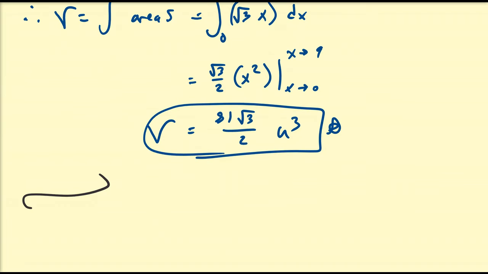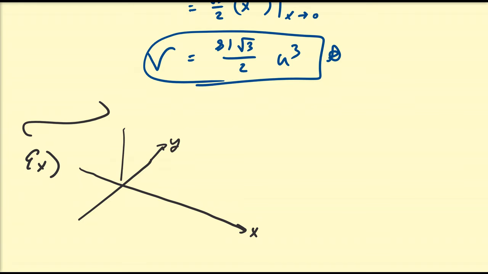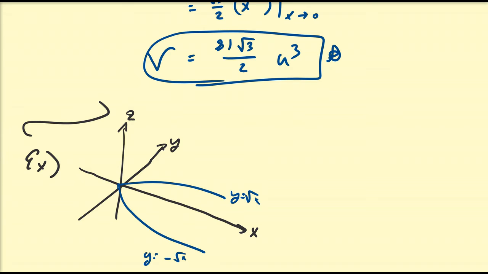So let's consider the same exact type of shape. Let this be the x-axis, let this be the y-axis, let this be the z-axis. Let's consider the same exact curve, so y is equal to the square root of x, and its mirror image, negative square root of x. And instead of doing equilateral triangles, we can do another shape. Why not do a square?